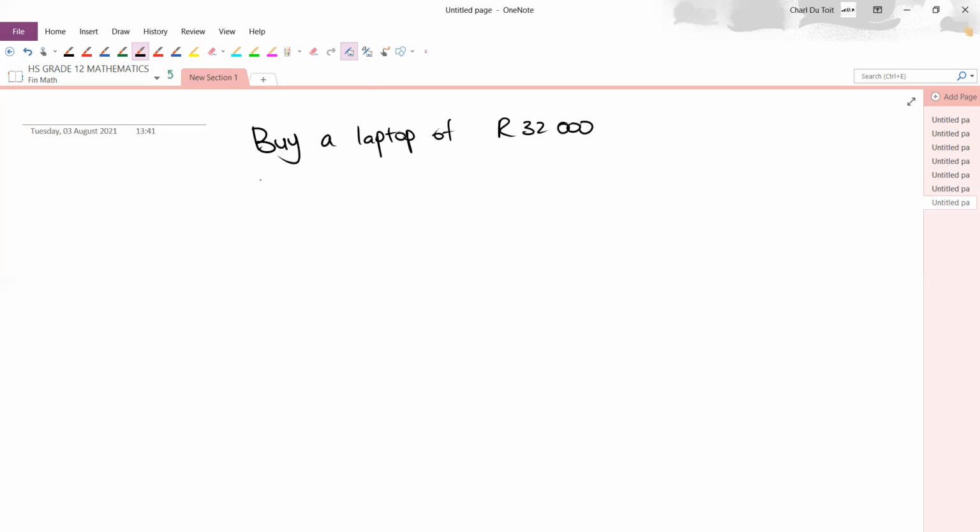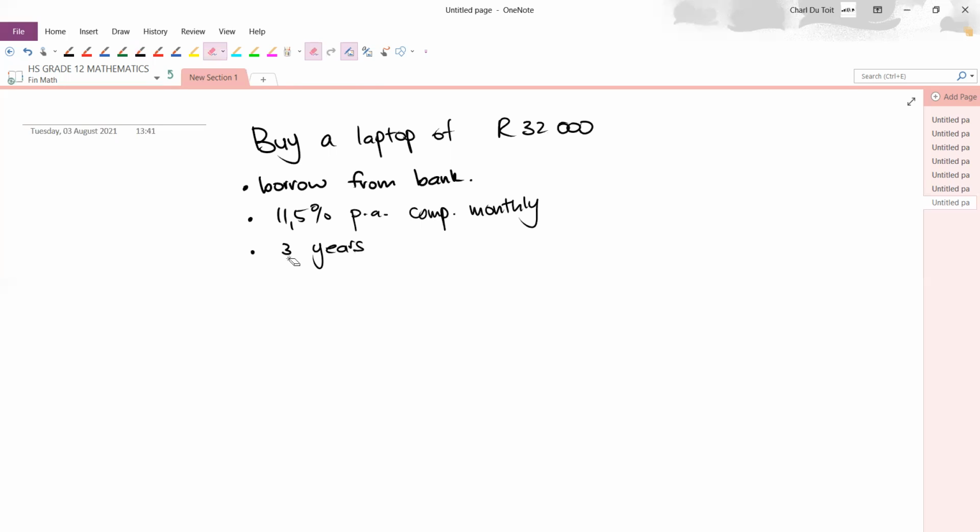We're going to borrow the money from the bank. Okay, and they're going to charge us 11.5% per annum, compounded monthly. And we have, what, 3 years to pay it.